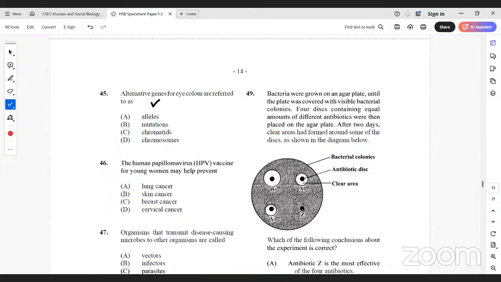45. Alternative genes for eye color are referred to as... they like this definition. This is not the first time they ask this question. Make sure you know this definition for alternative genes, which is called alleles.